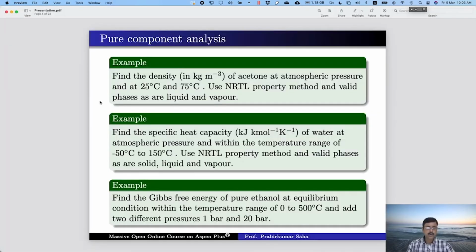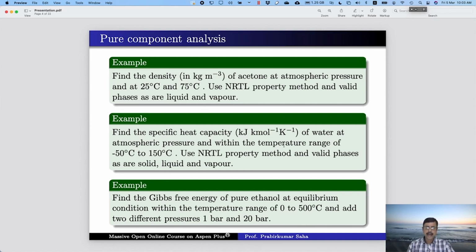So let us go to the next example. Here they have asked us to find specific heat in kilojoule per kilomole Kelvin of water at atmospheric pressure and within the temperature range of minus 50 degrees centigrade to 150 degrees centigrade.